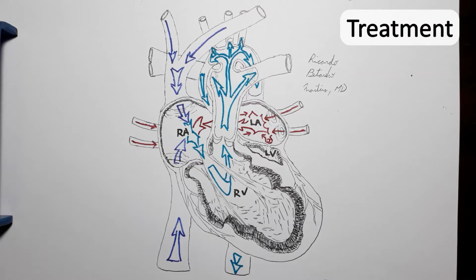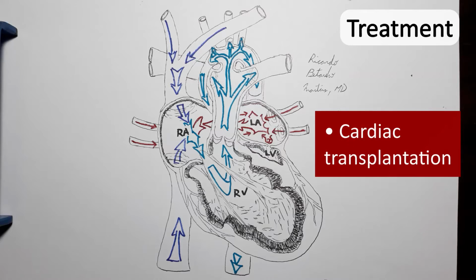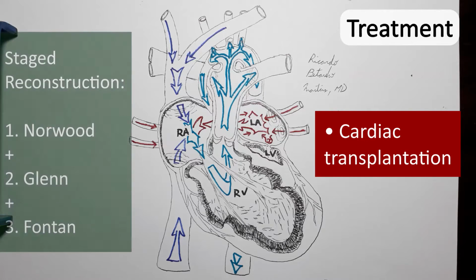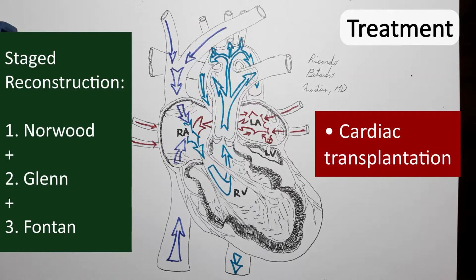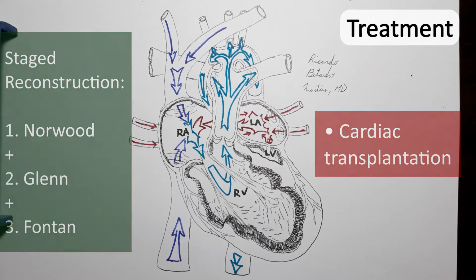And speaking of them, the treatment of hypoplastic left heart syndrome is usually performed either through cardiac transplantation, should the standard procedure prove non-effective or unfeasible, or through the classic staged reconstruction, a series of 3 procedures, Norwood, Glenn, and Fontan, performed a few months apart.